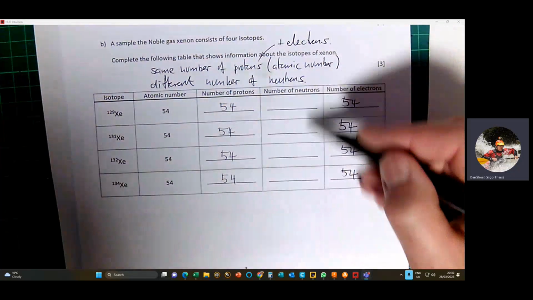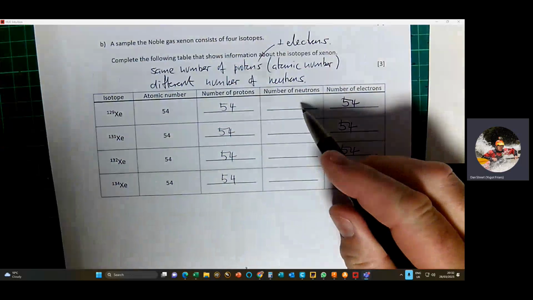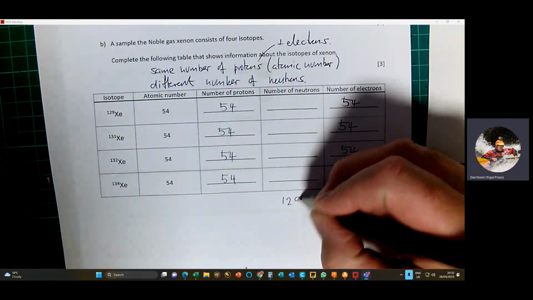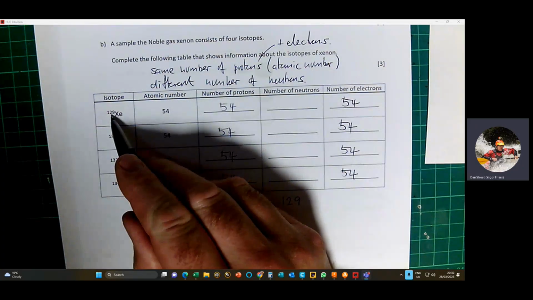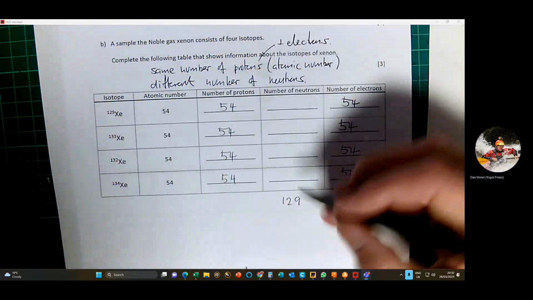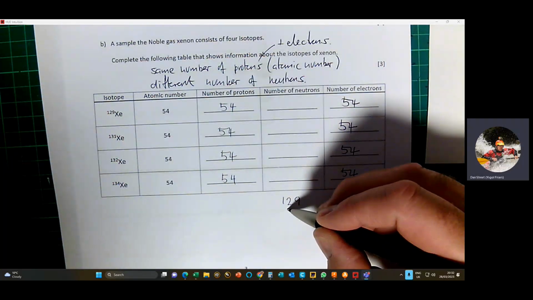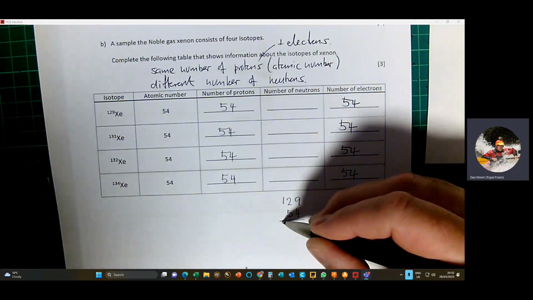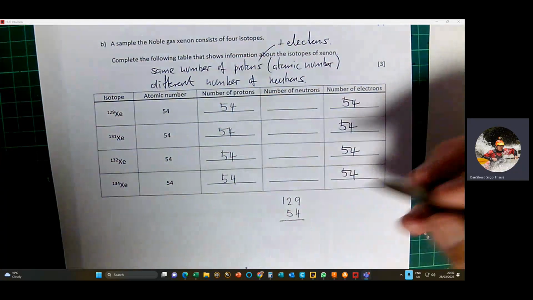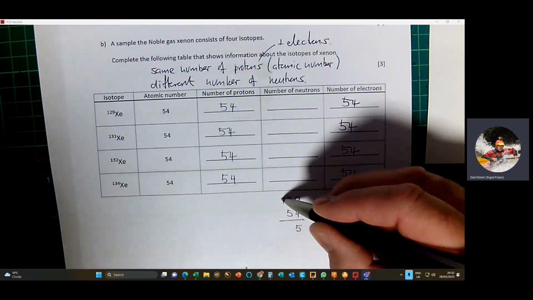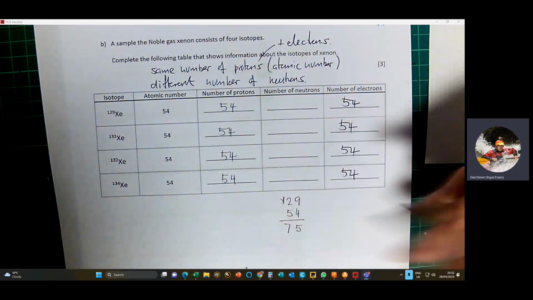However, the number of neutrons is different, and we calculate the number of neutrons by doing a simple calculation. 129, that's the mass of the first isotope. Take away 54, because 129 is the mass of protons and neutrons. If we take away the number of protons, we're left with the number of neutrons. So 9 take away 4 is a 5, 2 take away 5 doesn't go, 12 take away 5 is 7.